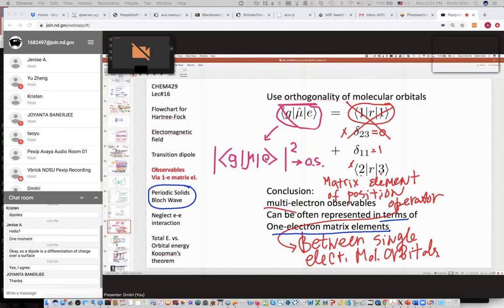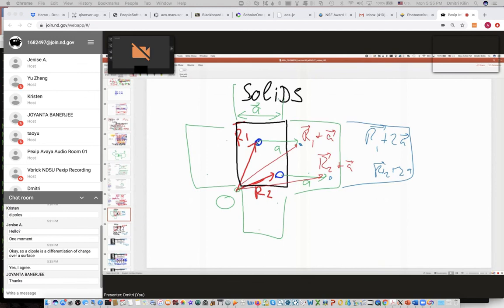A few more comments on solids. Let me start another little discussion. We have discussed what a molecule is. A molecule is a collection of ions and electrons localized in one area of space, connected by bonds.